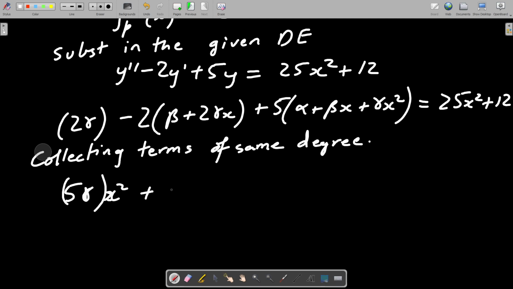Who's going to contribute to the x term? We have 5 beta minus 4 gamma.